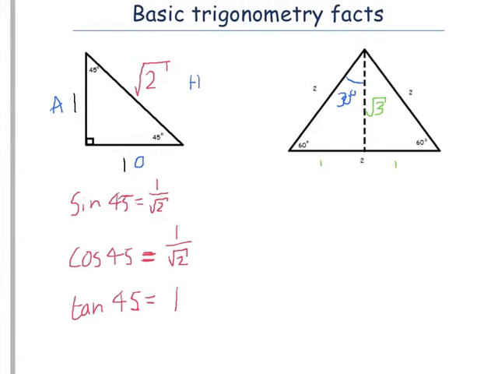So we can now use this triangle to identify sine 30, cos of 30 and tan of 30, and then we can also use this triangle to identify the values for sine of 60, cos of 60 and tan of 60.